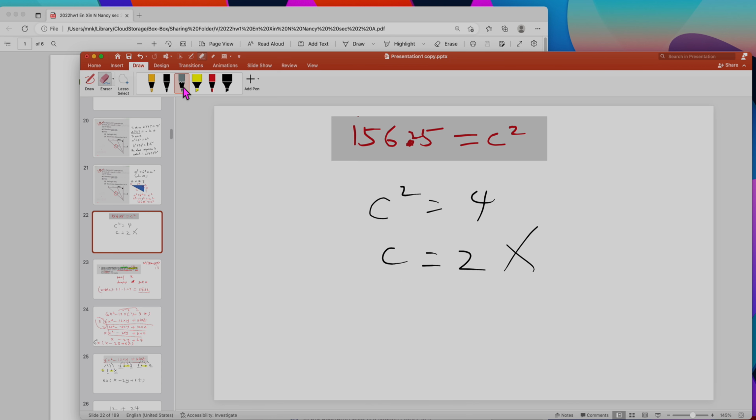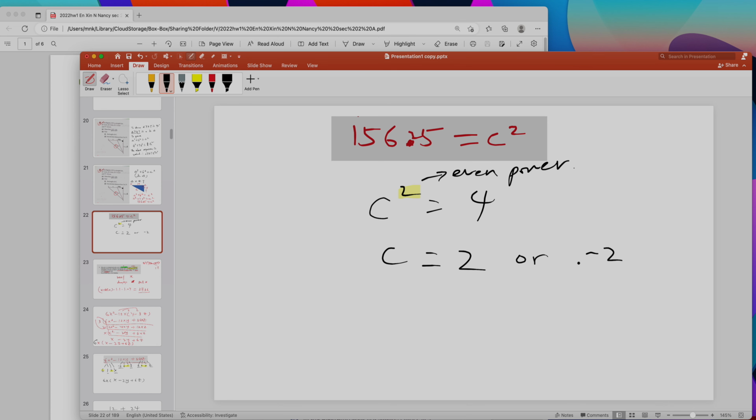Always remember, if you have even power, you know what's the meaning of even power? It's power that is even. So 2 is even, right? So this is even power. You always end up with 2 answers. So it's 2 or negative 2. Why?